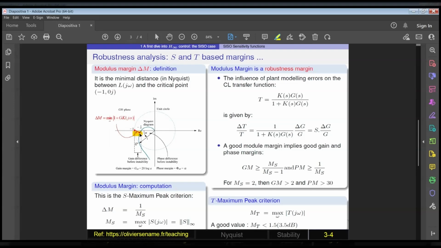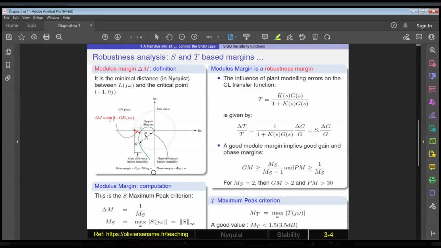And the phase margin tells us how much phase variation the system can tolerate before becoming unstable. If both margins are large enough, the system is generally considered robust and stable.